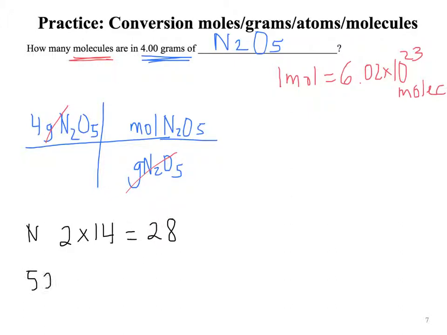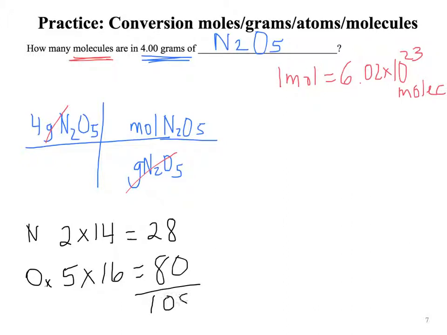And we have 5 oxygens, so 5 times 16, which is 80. Add this up, I get 108 grams per mole of dinitrogen pentaoxide. So I'm going to put that number here. For every 1 mole, there's 108 grams of N2O5.